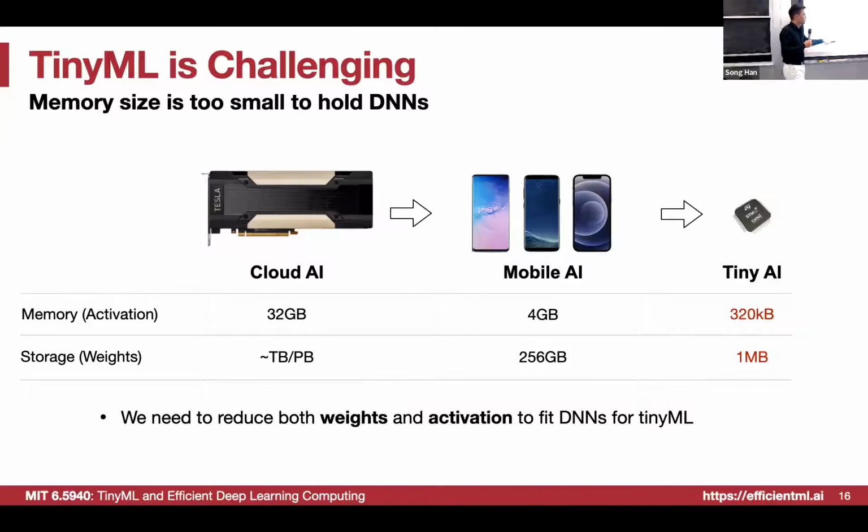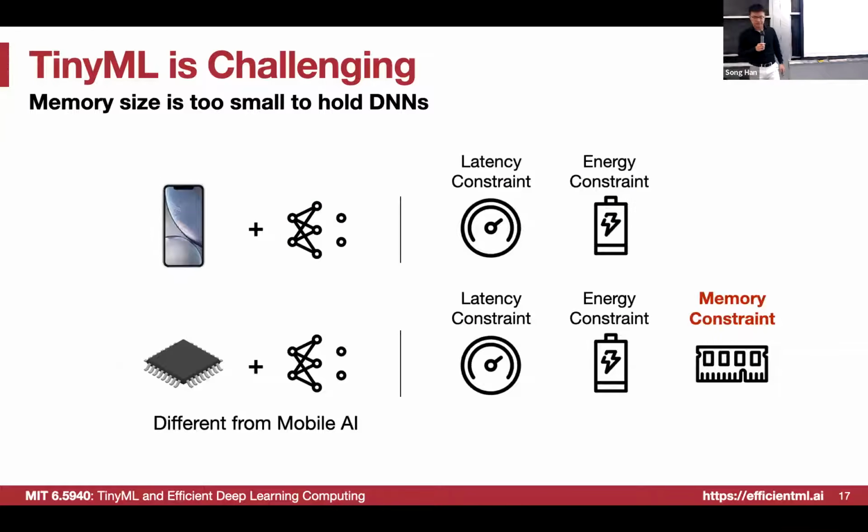So we need to both reduce the weight and also the activations to fit those deep neural nets for TinyML applications. So we not only have this latency constraint and energy constraint like we had for mobile AI, but also those tight memory constraints, since we have only a couple of hundred kilobytes of SRAM and maybe 1 or 2 megabytes of Flash to store those weights.